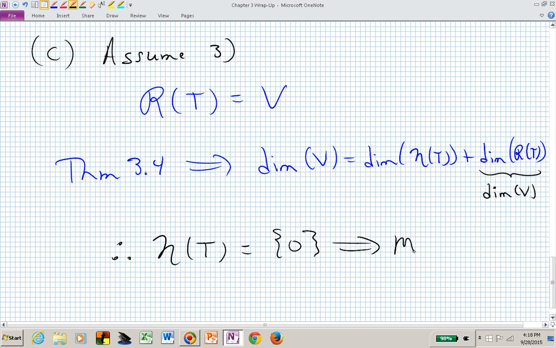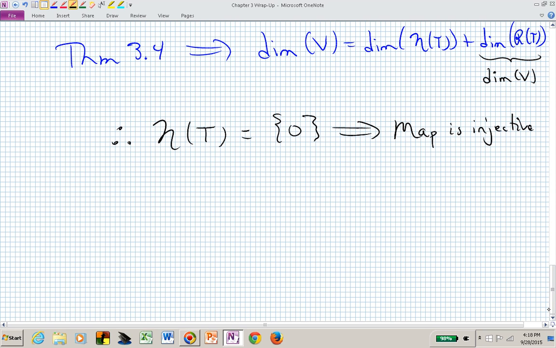That now says that our map is not only surjective, this operator, but it's also injective. And once we have a map that's both surjective and injective, we know it's invertible.